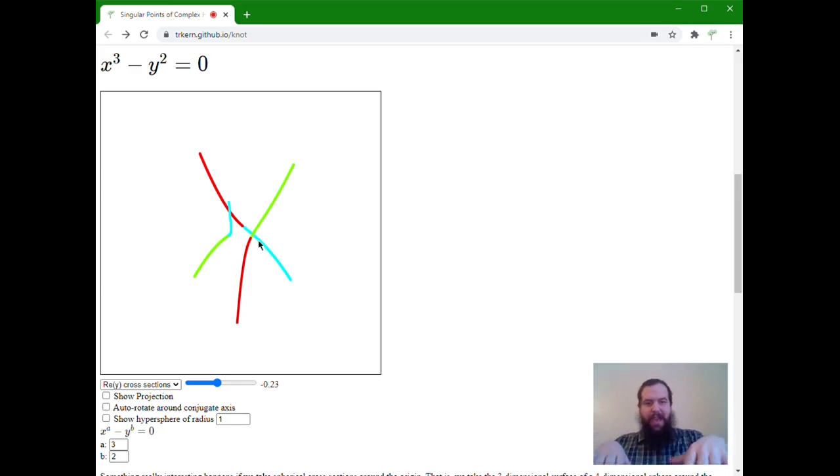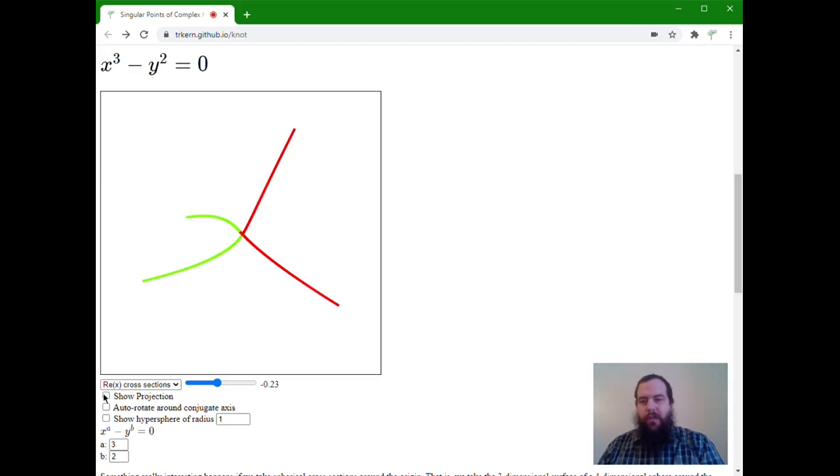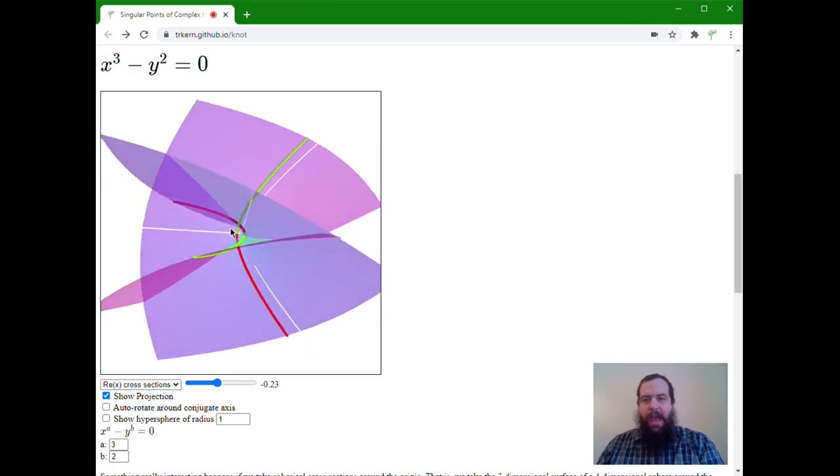Imagine having a thing and taking a shadow of it. Well, then what you're really doing is adding together all of the different cross sections that all contribute towards the same shadow. They're all getting compressed down onto the axis and you're all seeing the same shadow. And so what we can do is show those projections.